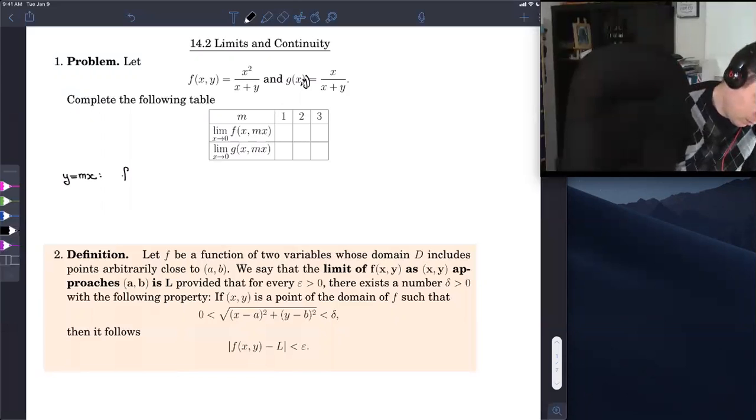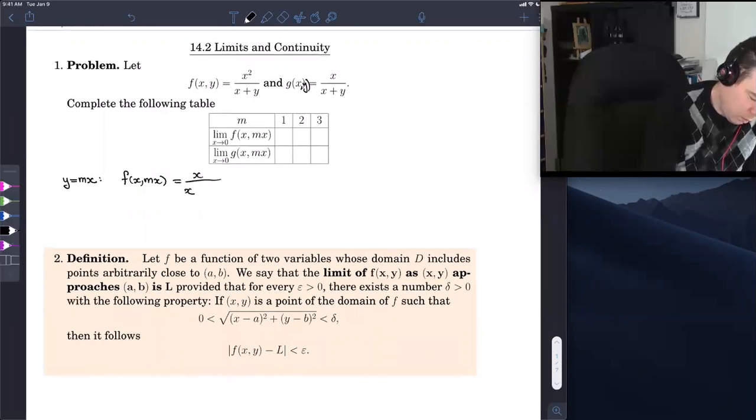And so we're going to look at our function f of x, mx, which is x goes in for x, and what we're plugging in for y is mx. This has our common x in all terms, so we can cancel them off, and I get 1 over 1 plus m.